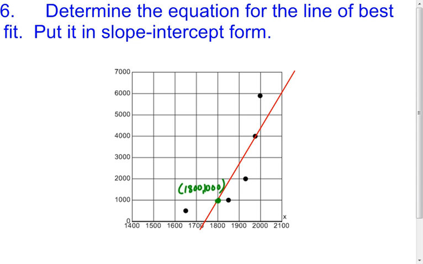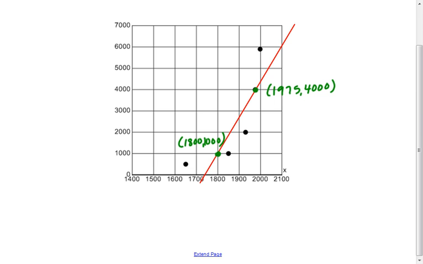Then I will pick this dot just because I know the coordinate for it, and it happens to be on the line, and that is the point (1975, 4000). All right, so we are going to call these x1, y1, x2, y2.